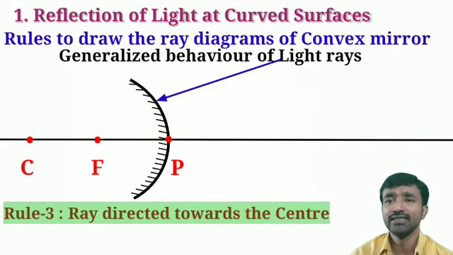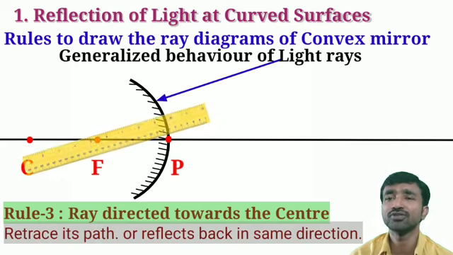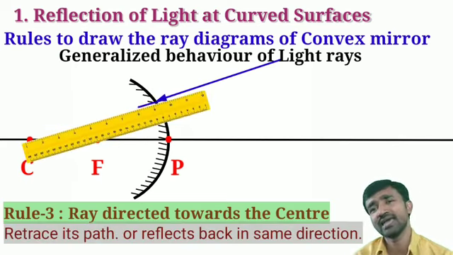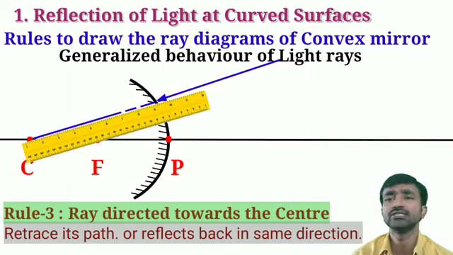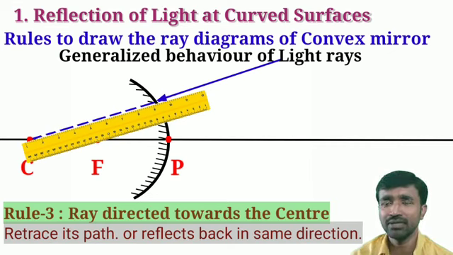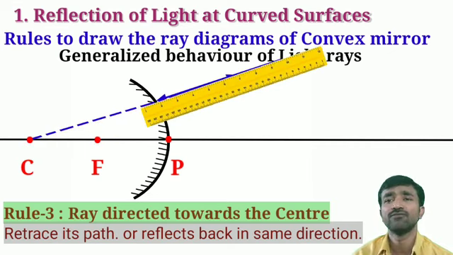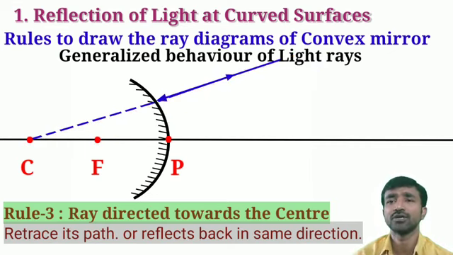In this case the light ray retraces its path, because the angle of incidence as well as the angle of reflection is 0; the incident and reflected rays make no angle with the normal. This ray is identified as R3.